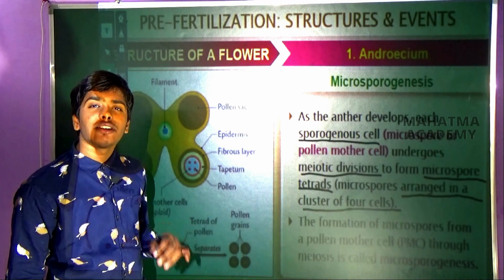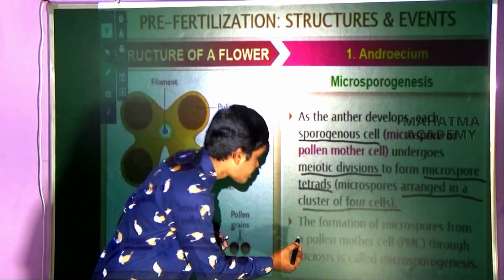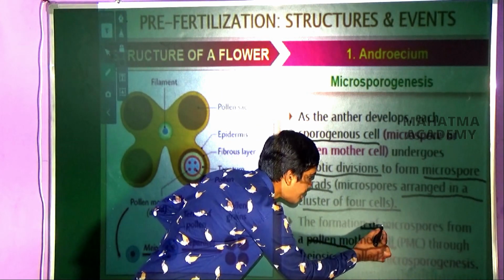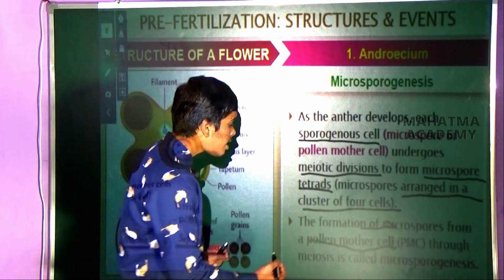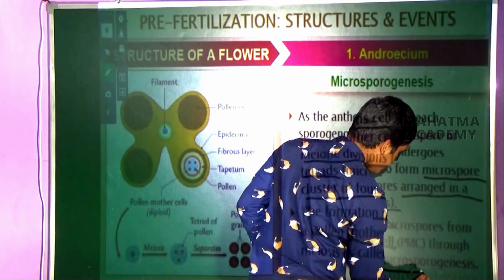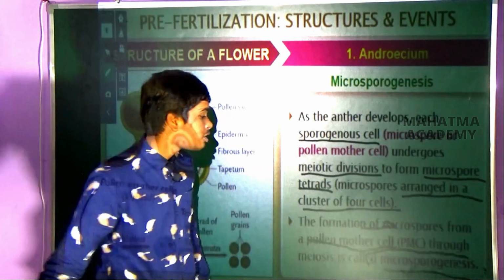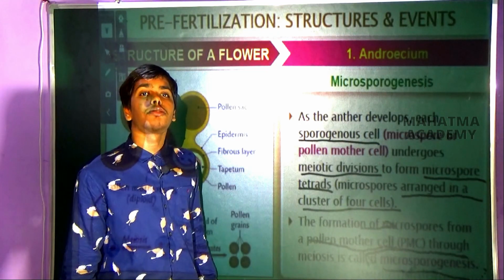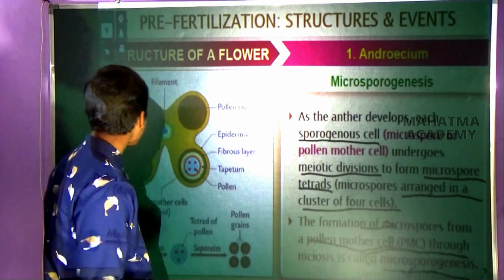Now, the pollen mother cell gives rise to what? Microspores, and this is known as microsporogenesis. So, microsporogenesis is the formation of microspores from the microspore mother cell or pollen mother cell.